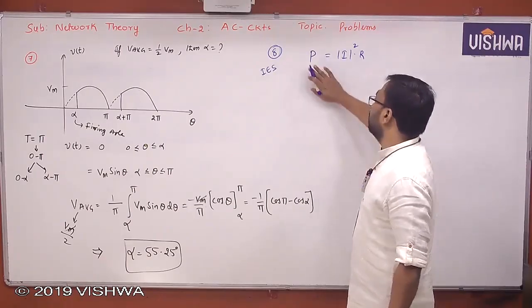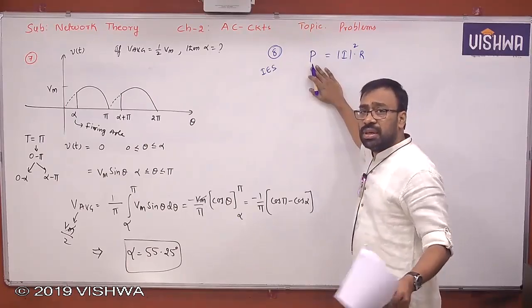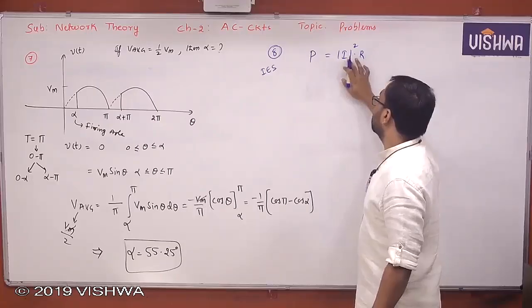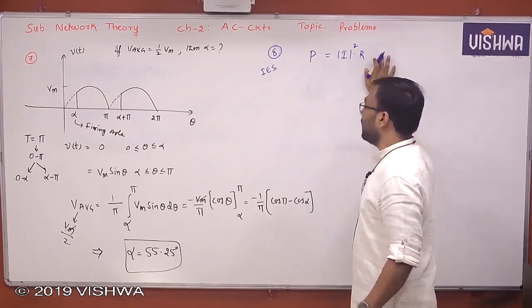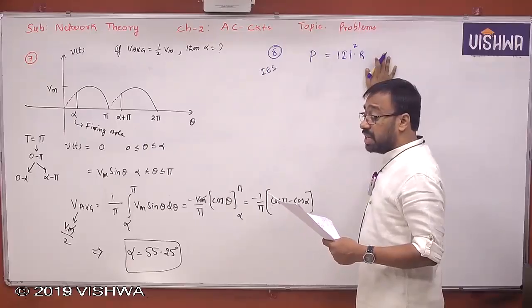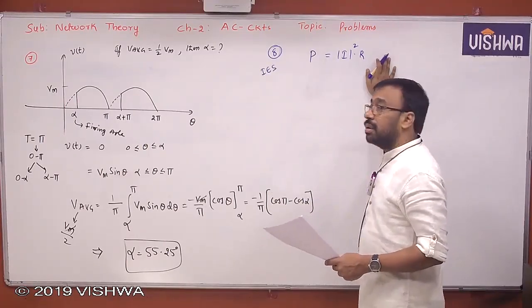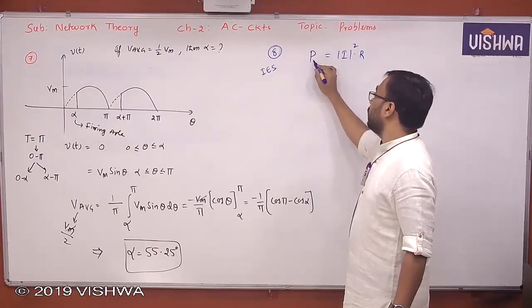Strictly speaking, the active power, real power, average power, true power, all are same. It must always be I square into R, or V square by R. But what it is saying here specifically is the ratio of available power from the DC component. This actual or effective power is this one only.